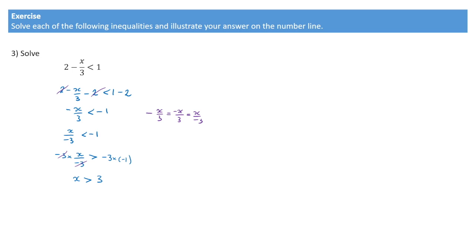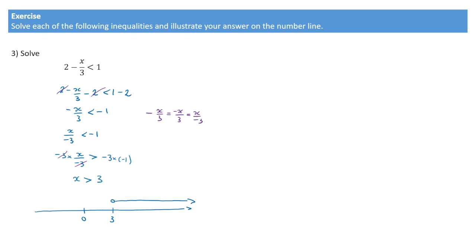And so that's the solution. x must be greater than 3. Once more, we represent this on the number line. Say 0 is here, 3 is here. We place a dot above the 3, and the values greater than 3 are all the values to the right of 3. And we leave the dot empty to indicate that 3 is not part of the solution here.